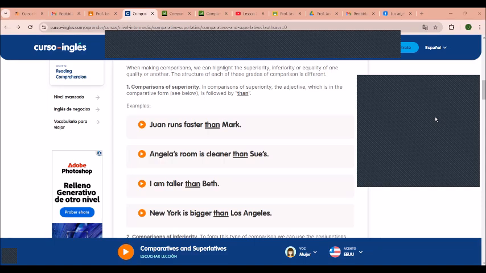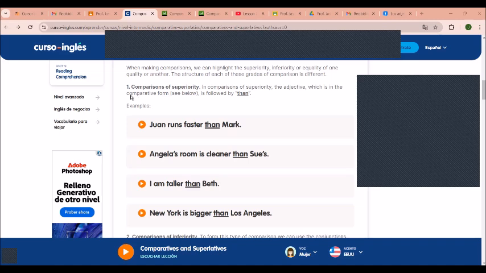Now, Juan and Mark are two people. Juan's velocity, as we see here, is superior to Mark's. So we use the ER ending, because we're talking about superiority here, to change our adjective into its comparative form.